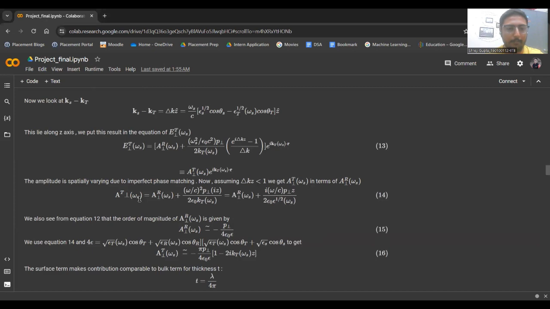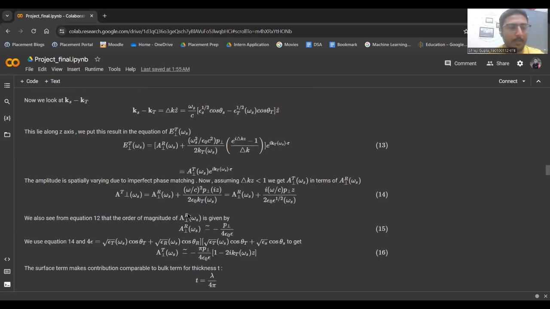So AT perpendicular omega s equals AT perpendicular omega s plus omega by c squared p perpendicular i z upon 2 epsilon naught kt omega s, which can be further resolved into the equation you can see here.